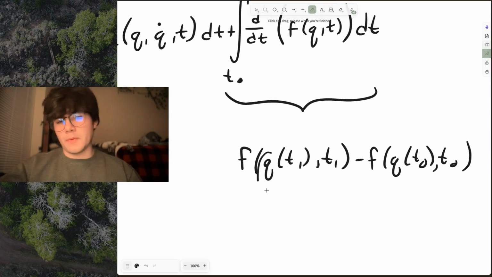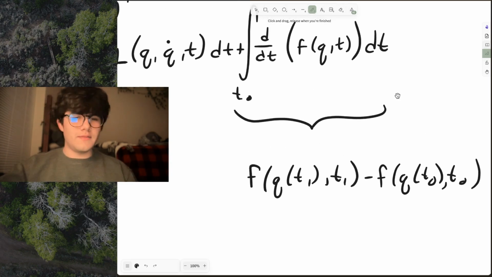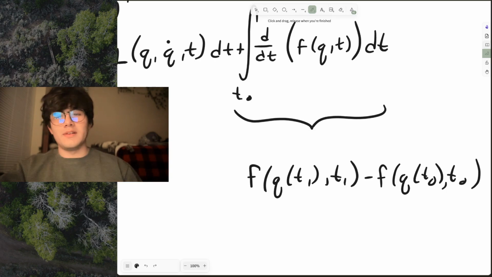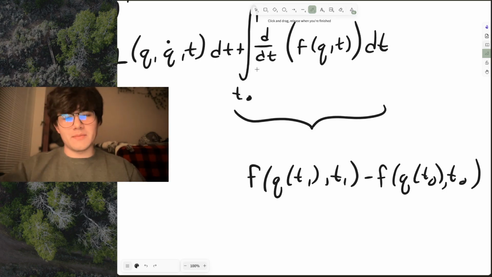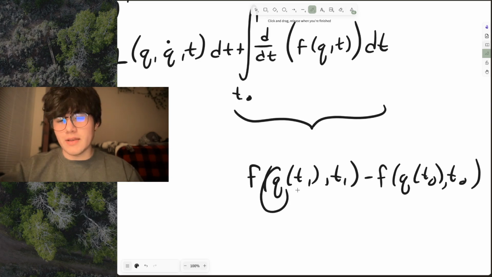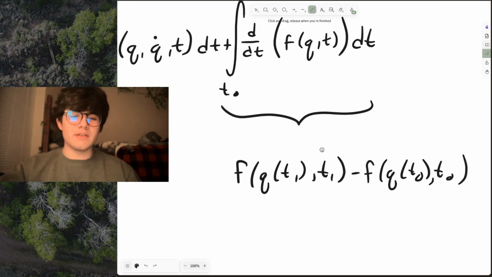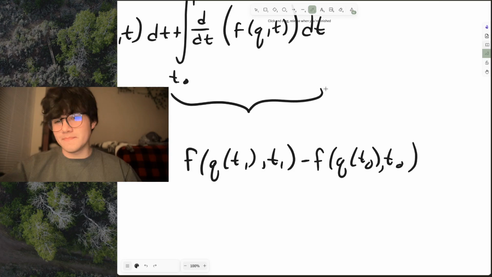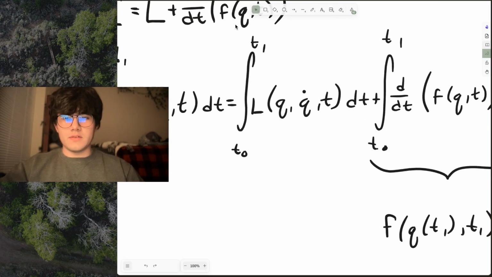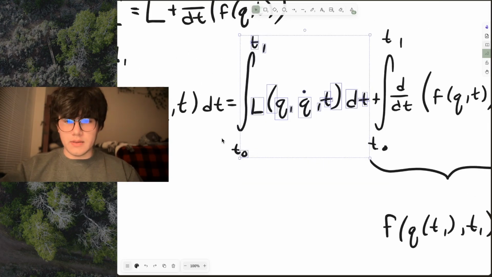Okay, and remember q is going to change with time. And if you read Landau, he'll have an alternative notation for this, but it means the same thing. We're talking about the position of our particles at t1 versus the position of our particles at t0. Okay, and I'll drag this guy back down here.